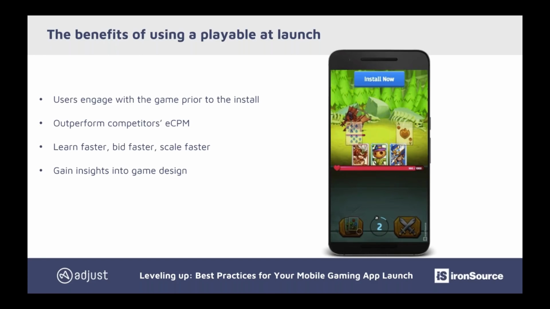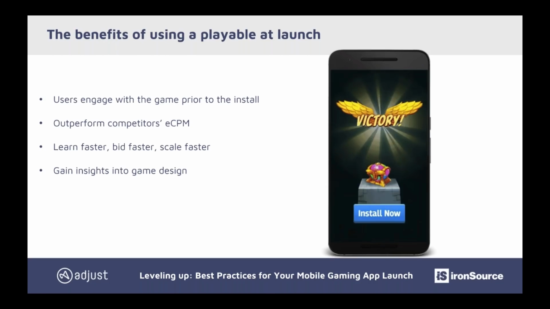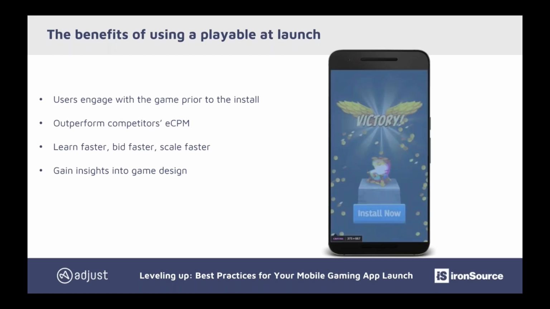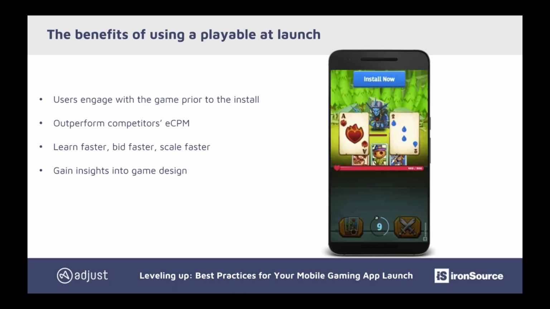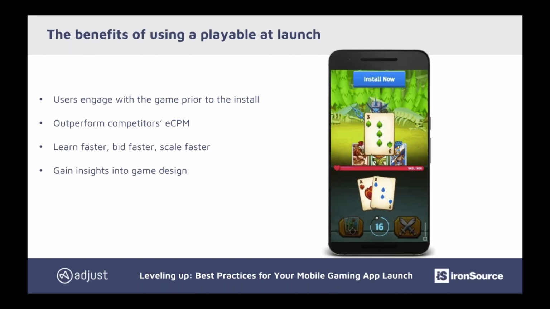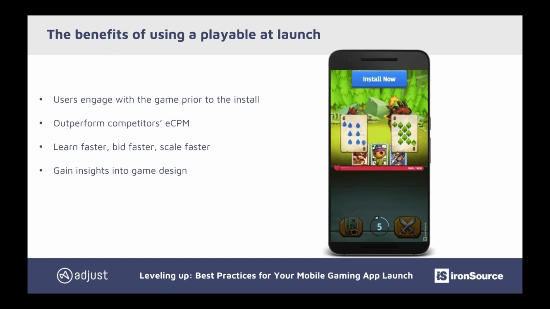We've seen a few examples where game features have been optimized based on how users engaged with the ad itself, with the playable: color schemes, several complexity issues, and basically the interface itself. You can gain this from users that might not even install your app, but you can still understand how they behave with the game itself.